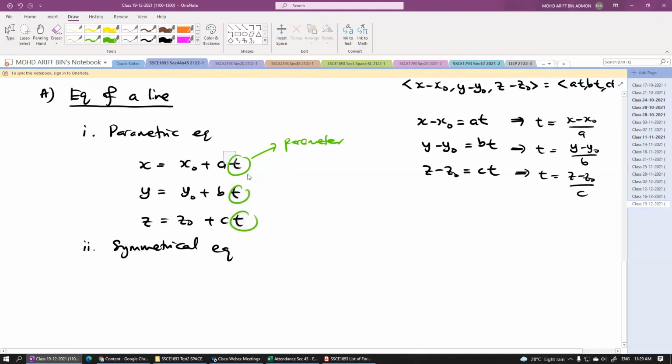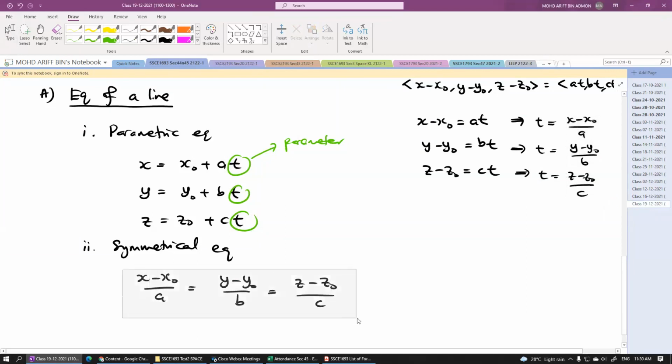You cannot have t as 0 here, 1 here, 2 here; all t must be the same. So the three expressions must also be equal, and we write x minus x naught over a equals y minus y naught over b equals z minus z naught over c.